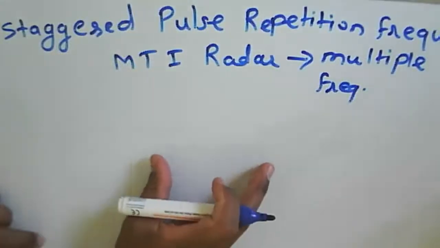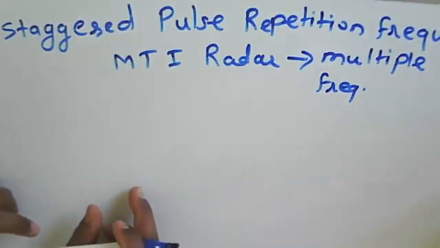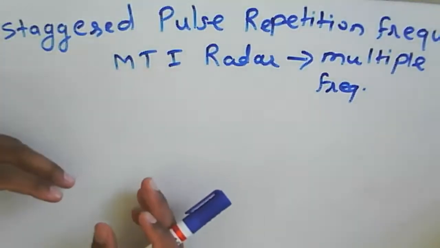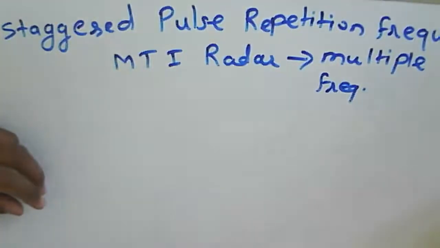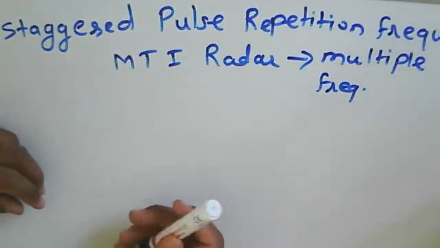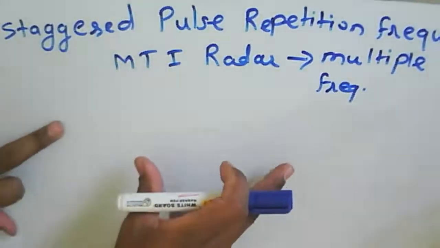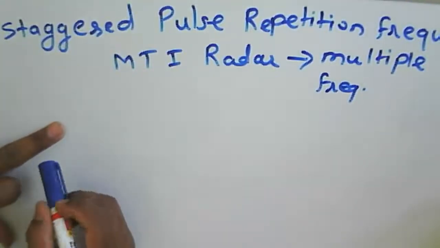It uses more than one pulse repetition frequency, and that reduces not only the blind speed, but it also allows a better frequency response of the radar. Generally we can use a delay line canceller, but again there will be a blind speed. To avoid that blind speed, we can use multiple pulse repetition frequencies.